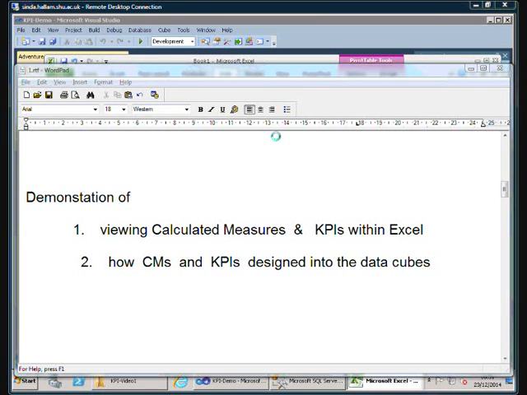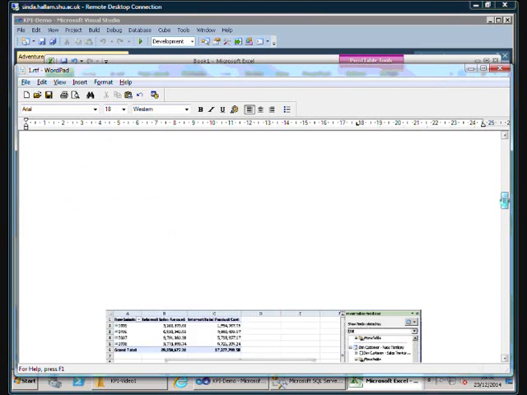Returning to the summary of the class, we've shown you a demonstration of calculating calculated measures and the key performance indicators, viewing them within Excel, and then we showed how they were designed into the data cubes.